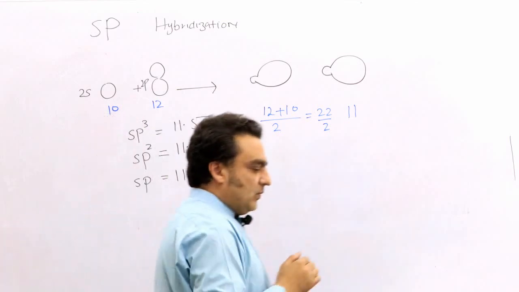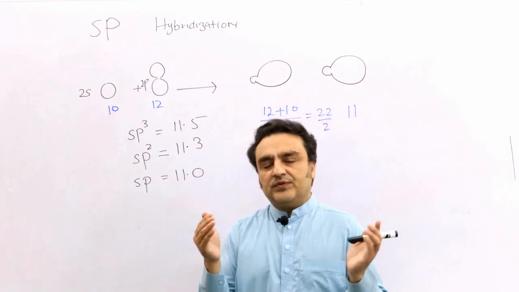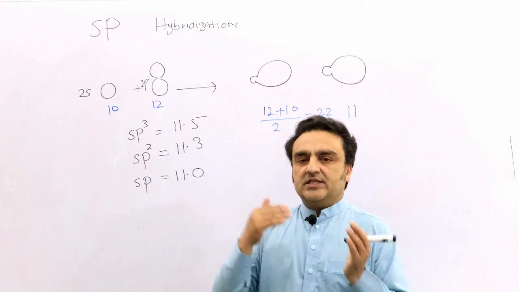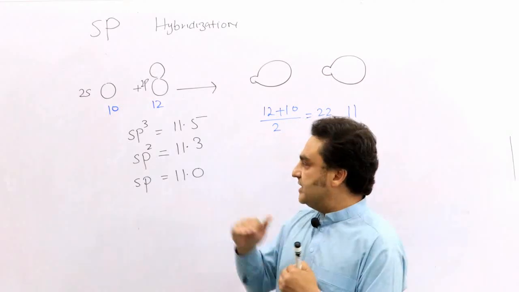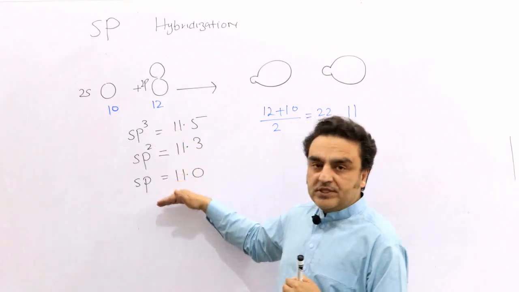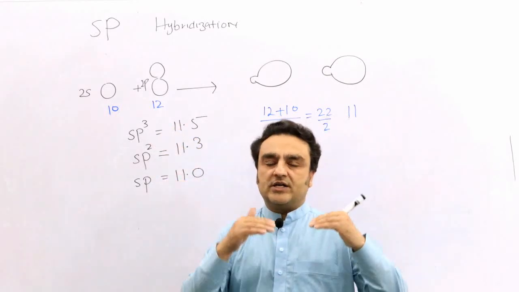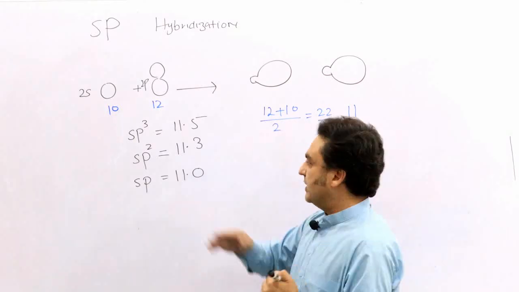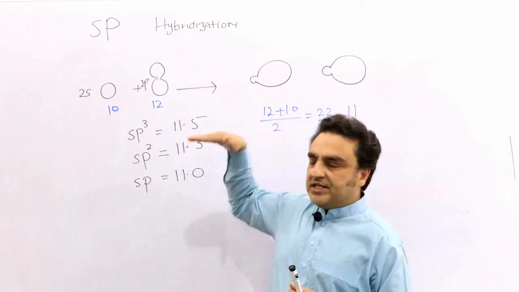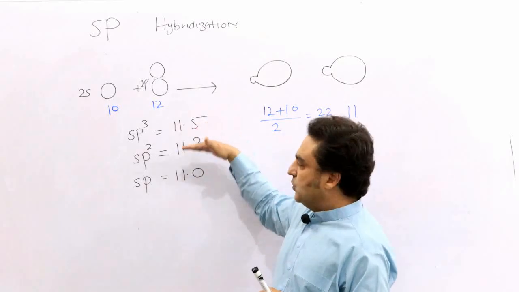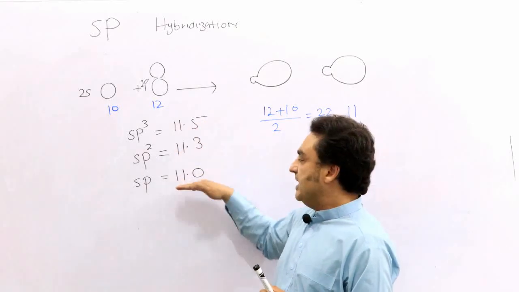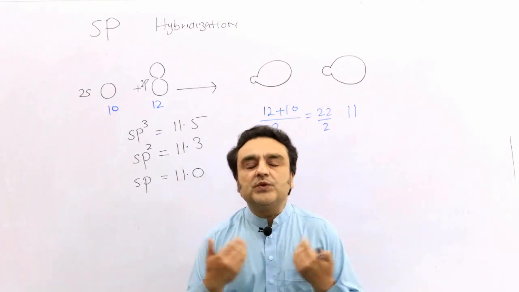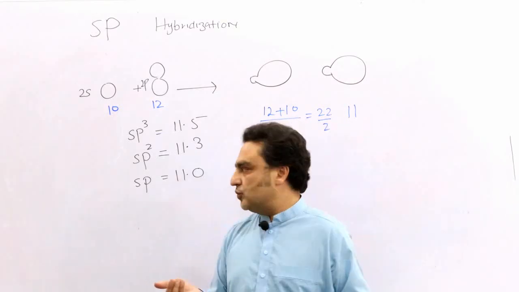These values have no scientific backing. They are just to make you understand the relationship between these orbitals, which are of higher energy and which are of lower. sp3 is higher in energy, sp2 is moderate in energy, and sp is lower in energy.